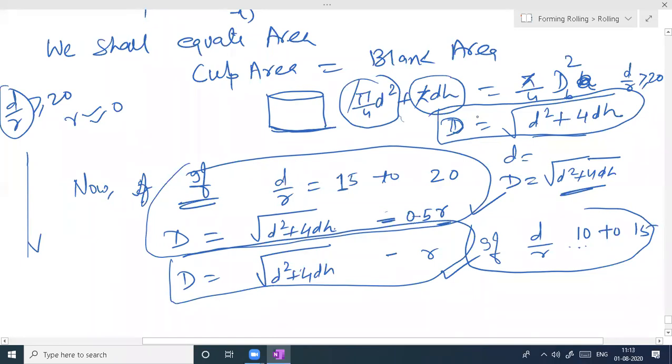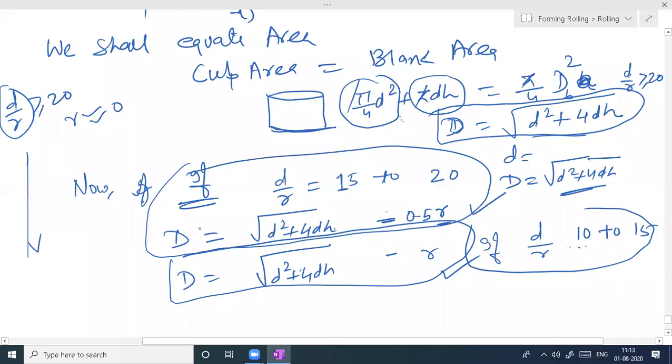Then in this topic, particularly in deep drawing, we will discuss estimation of the blank size, then the load to form a cup from a blank. Then third, how many draws are required to make a cup from the blank, so number of draws.